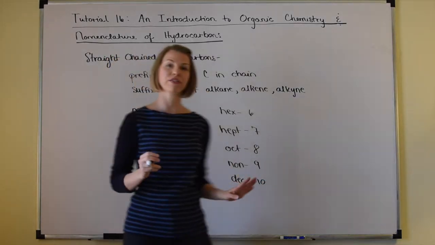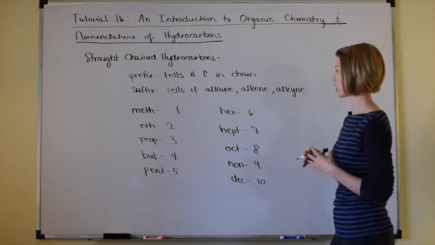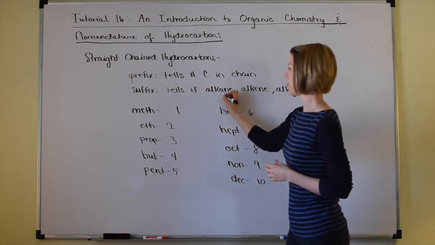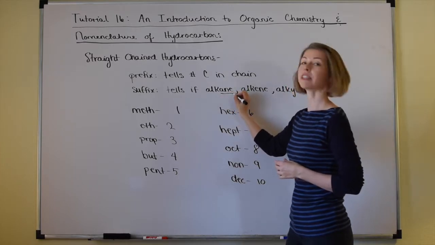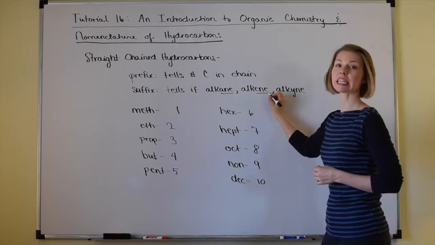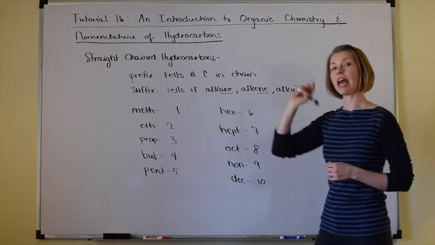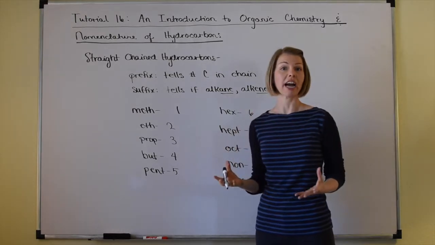So these are our prefixes, 1 through 10. And the suffixes that you're going to add are simply the A-N-E ending if it's an alkane, the E-N-E ending if it's an alkene, and the Y-N-E ending if it's an alkyne.